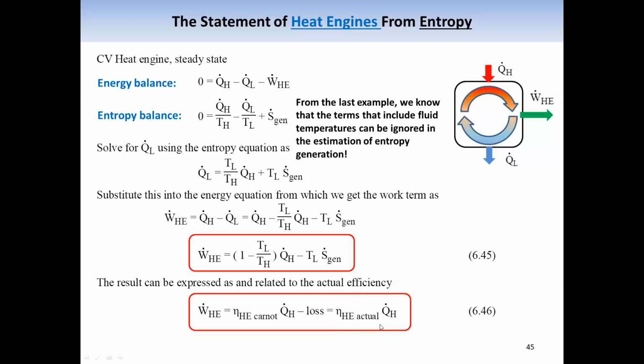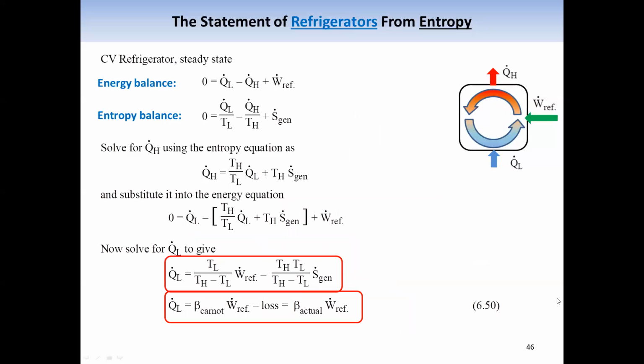We know how much heat it absorbs, we know how much shaft work it does. We can get efficiency. It can be expressed in this way. This is the actual shaft work. These two expressions will be useful for solving a wide range of problems.